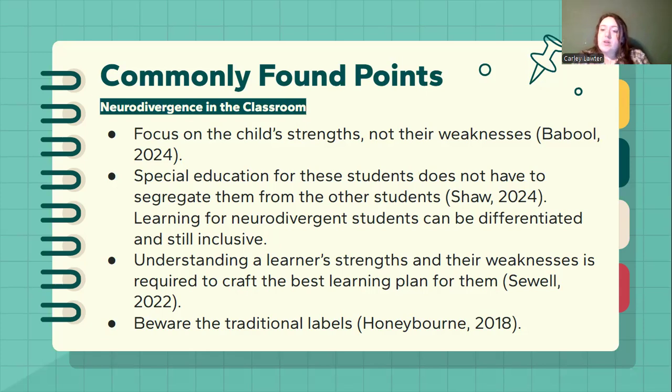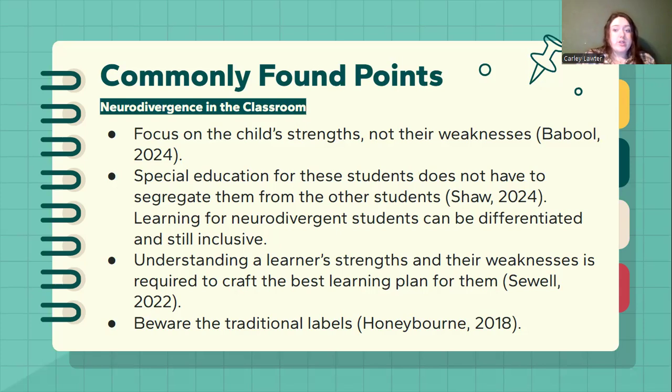And it was noted in the ebook, one of her major points as well, was that you have to beware the labels. When you start looking at the labels for your neurodivergent students, they're going to know, and you're going to let the stereotypes affect your teaching and how you treat them, and you can't do that. Children don't need to be bogged down by a label.